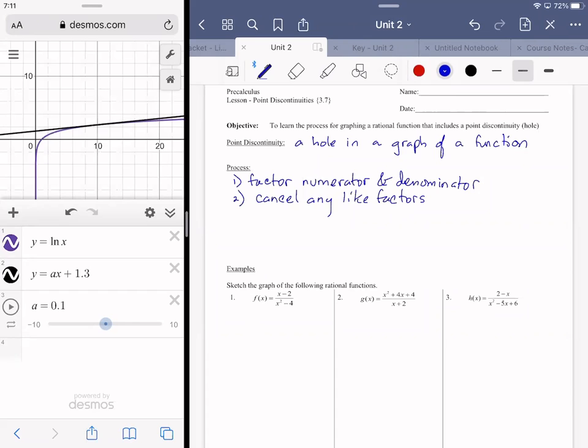There might be more than one set of common factors. Then graph the original function and the simplified function.